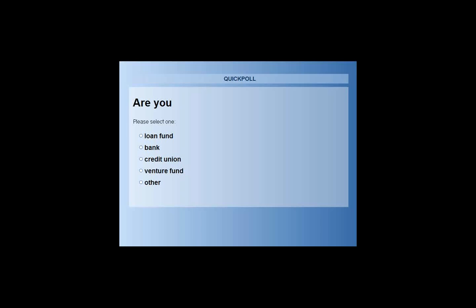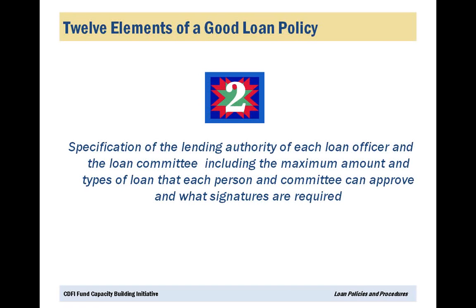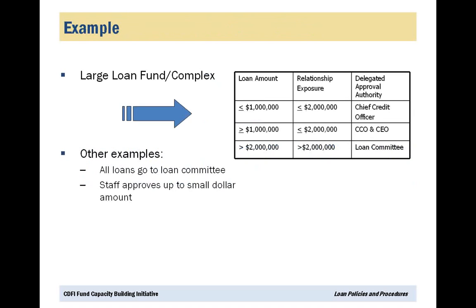And I'm going to move into element 2. Element 2 says you need to be specific about the lending authorities. Who has lending authority? Is it the loan officers, the loan committees, and what is their lending authority? Here are a couple of different examples for you. The first is from a large loan fund where they have a more complex system.